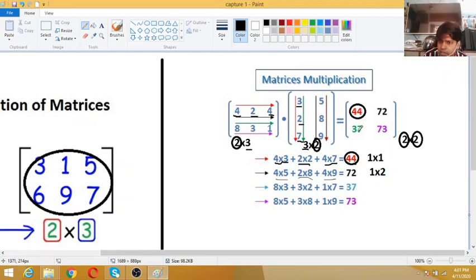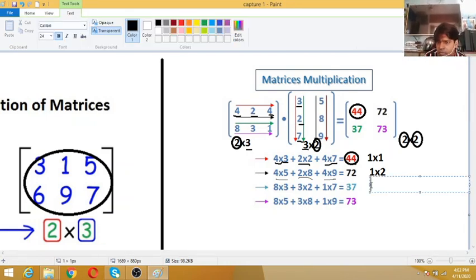So can you guess for 37 now what the address is? The address for 37 is second row, first column. As the address says, second row means you have to multiply the elements of the second row with the first column.